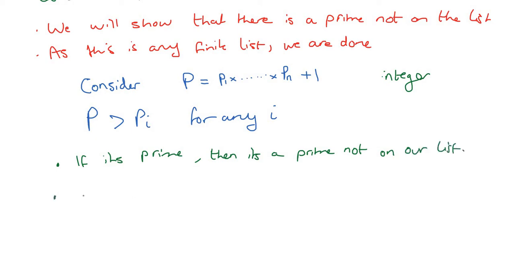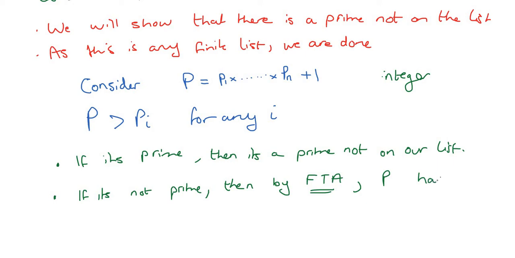If it's not prime, then by something called the fundamental theorem of arithmetic, so I'm going to put that there, and if you want to learn more about this, then let me know and I can do a video on it. Then by the fundamental theorem of arithmetic, P has some prime divisor. Right, P has some prime divisor, let's call it q.